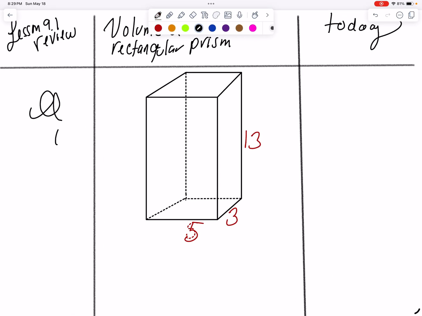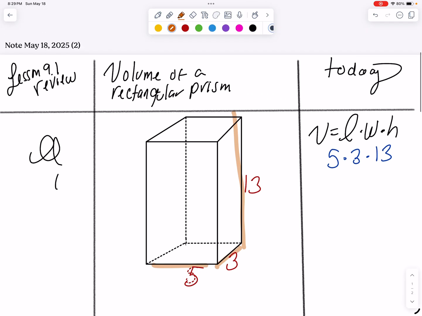The volume of a rectangular prism is length times width times height. So we're finding length times width times height, literally just multiplying 5 times 3 times 13.